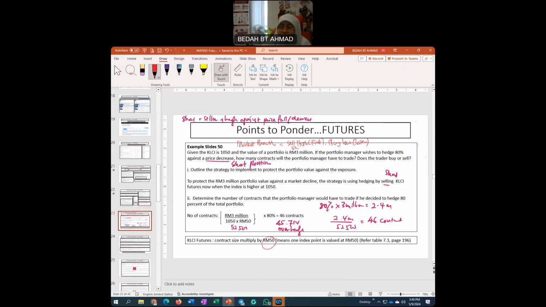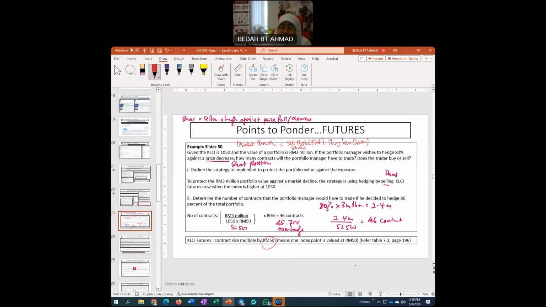Sell means a short position. The strategy is the short position to protect the portfolio value against the exposure, because the market is bearish, declining in the future, maybe in the next 2 months, 3 months. So from now, the fund manager needs to take a short position, meaning sell, and later buy.